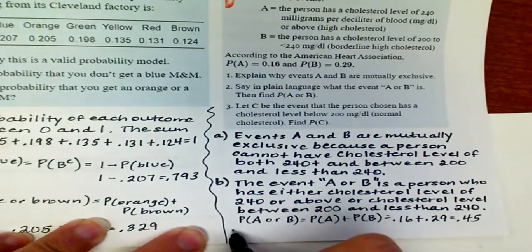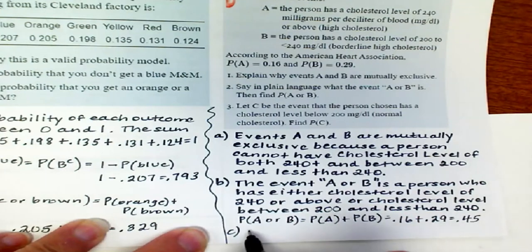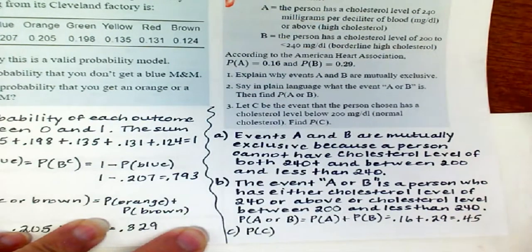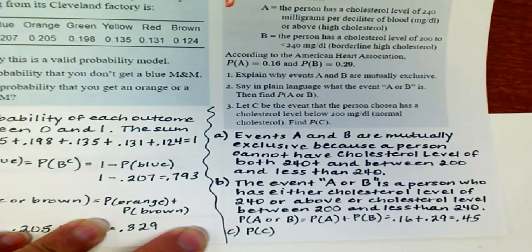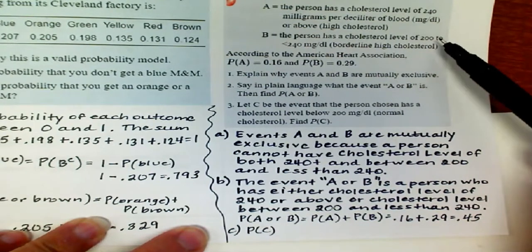All right, part C. Let C be the event that the person chosen has a cholesterol level below 200. Find the probability of C. Okay, so below 200, if we think about it here, A is they have a cholesterol level of 240 or above. And then event B was 200 to 240.